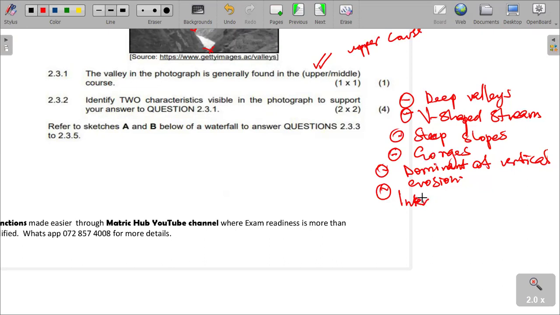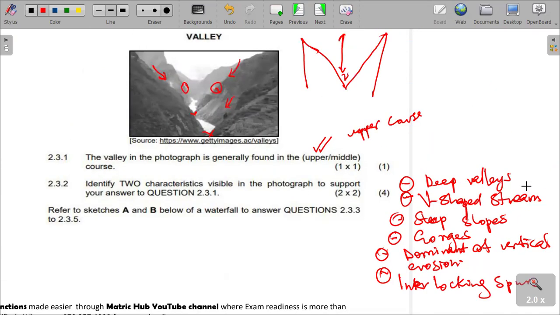The interlocking spurs are shown, as you can see, where the river is gradually eroding to, and then they join there. We have got those tips where it joins.